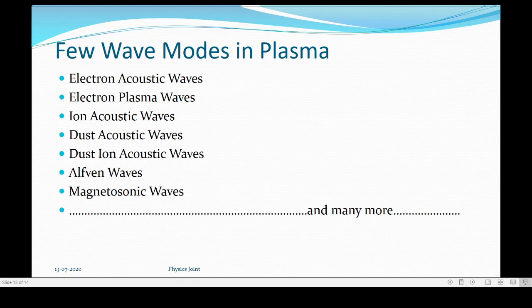Here is the dust acoustic wave, where dust particles are involved. What are dust particles? Suppose a small dust particle accumulates electrons on its surface and becomes charged. Then it behaves as a grain, and the plasma modes are generated. Then there are Alfvén waves and magnetosonic waves. Then many more are there.